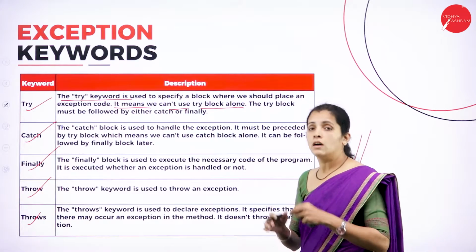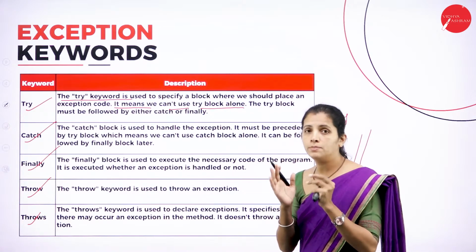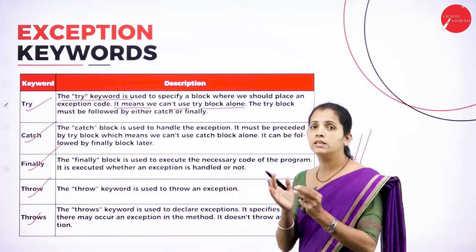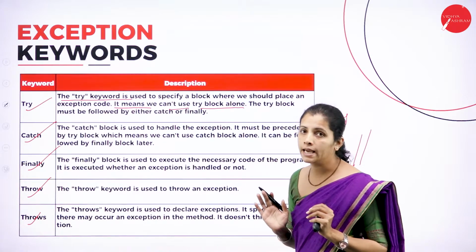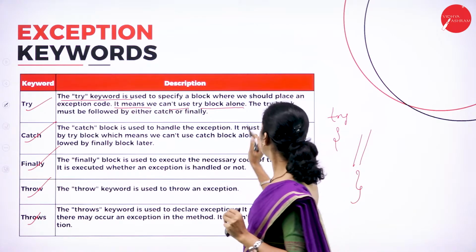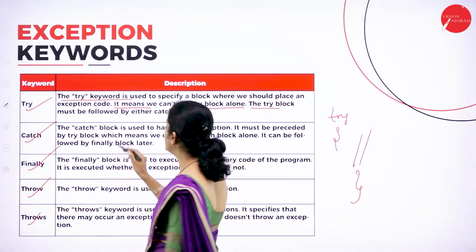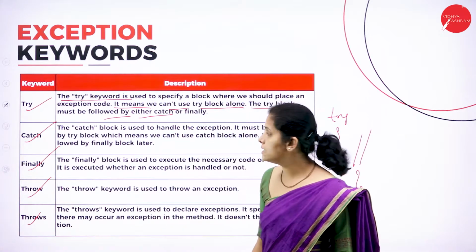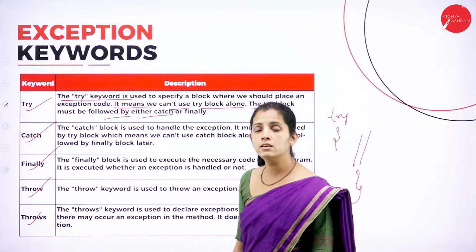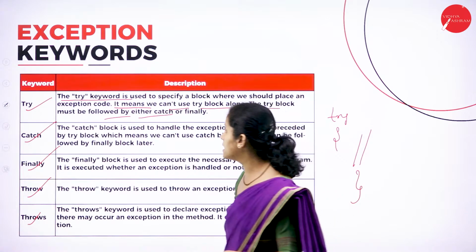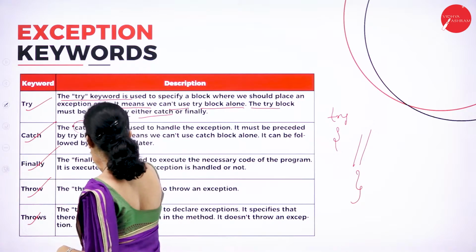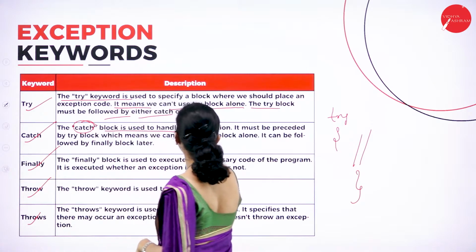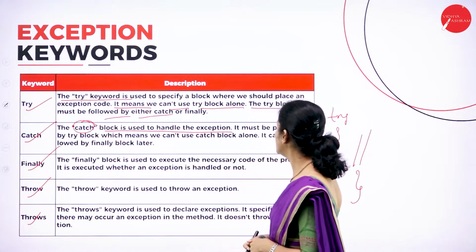So here I want to write a catch block. That means I'm going to have the try block followed by the catch block. The try block must be followed by either a catch block or finally. Now, my next keyword is catch. A catch block is used to handle the exception.